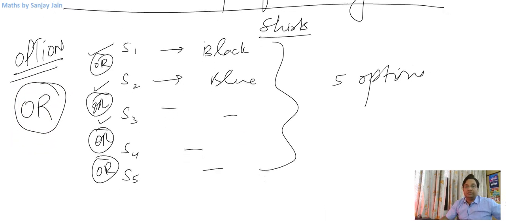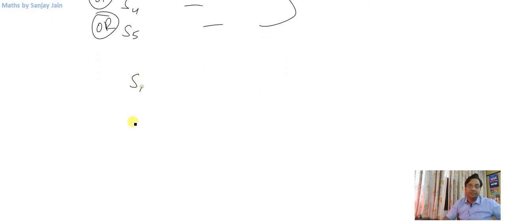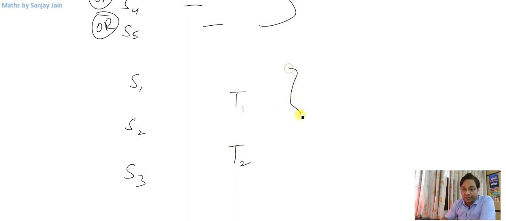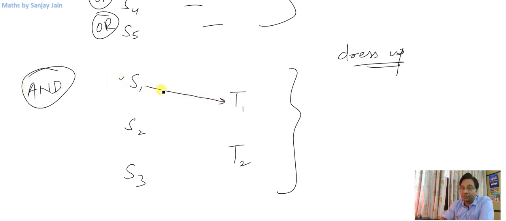Now let me give you another situation. You have got 3 shirts, S1, S2, S3, and you have got 2 trousers, T1 and T2. Now if I ask you how many ways can you dress up, right? So you have to wear a shirt and a trouser. If you wear shirt 1, you have options of wearing T1 or T2, right?